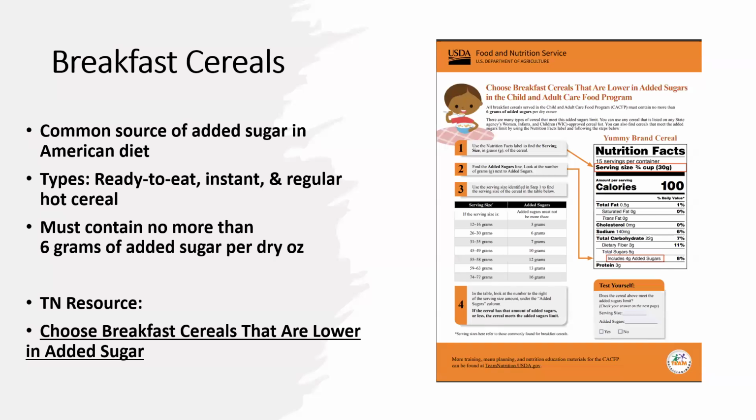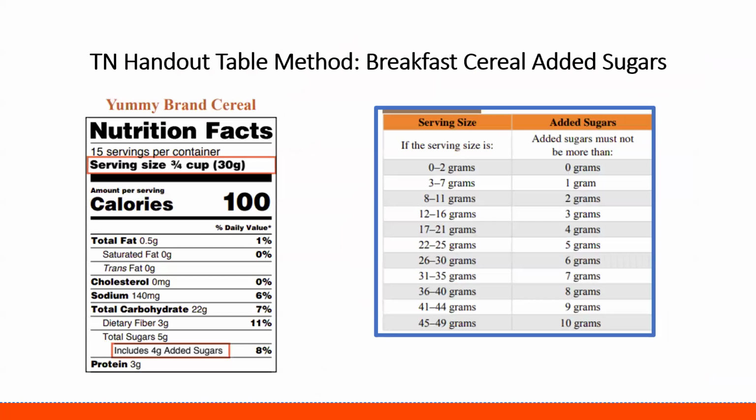And you'll also see this resource again from USDA and how to determine whether your cereal meets the added sugar limit, similar to the yogurt handout as well. Here it's zoomed in a little bit to show you an example of how to determine whether it meets the added sugar limit or not.